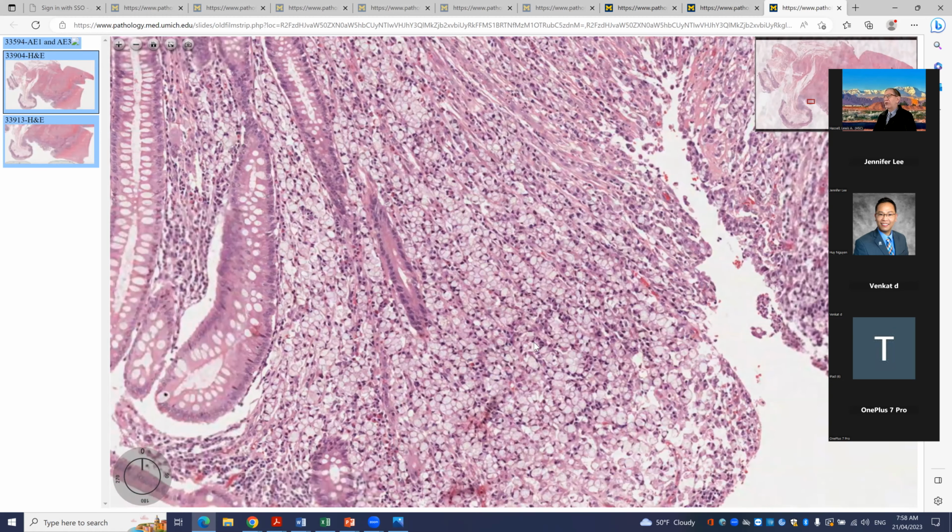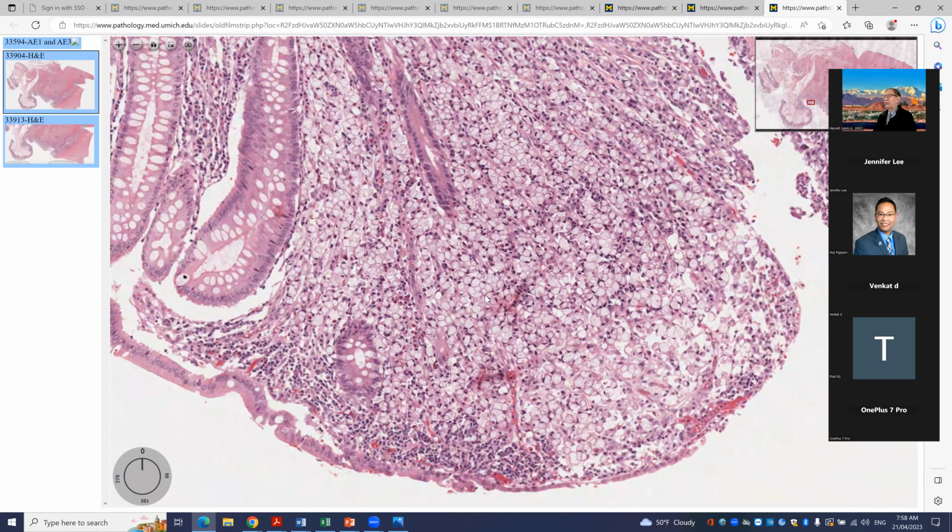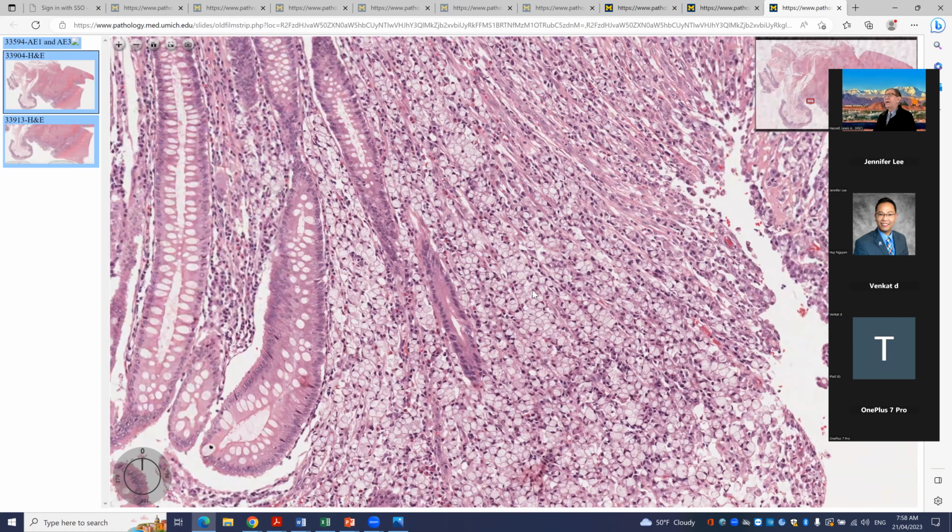So here you can see that this has surface involvement; it's grown up into the mucosa and submucosa here, and therefore this may be a primary tumor that arose in the mucosa and grew downward as a primary mucosa-based carcinoma.